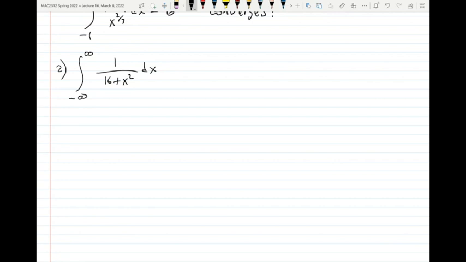Okay, so again, this is a type 1 integral, but now we have issues on both limits, right? So our job is to make sure that we deal with one issue at a time, okay? So again, I'm gonna split it. I'm gonna use 0.